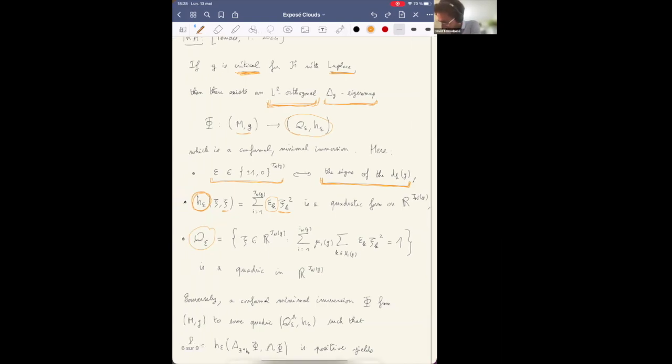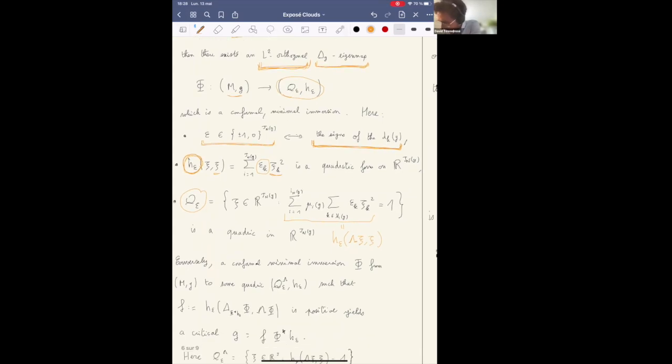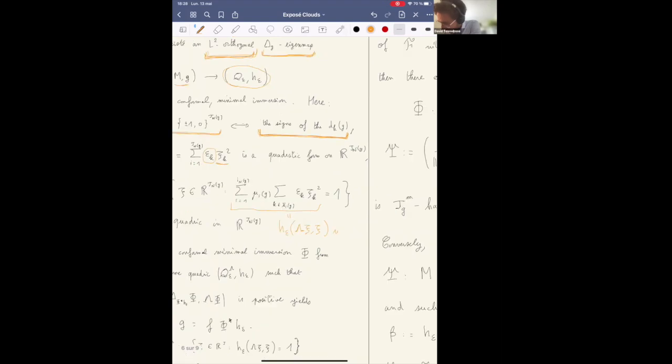This can be written in another way, as H epsilon of big lambda c, where big lambda is the tuple given by lambda 1 g until lambda n g.